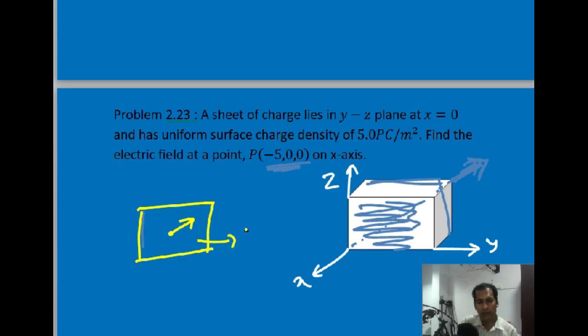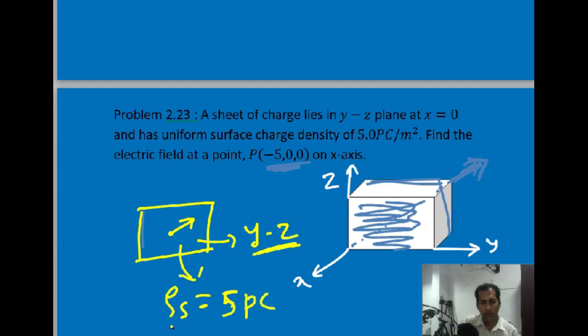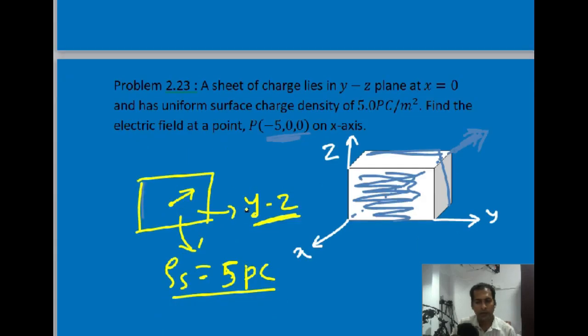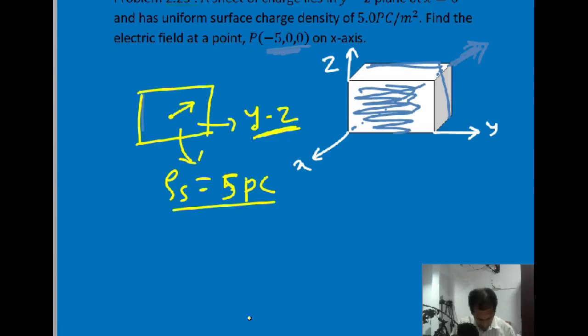So say this is the YZ plane, and there is some charge distribution rho s. This value is 5 pico coulombs, right? So this is the 5 pico coulomb value given for this example.